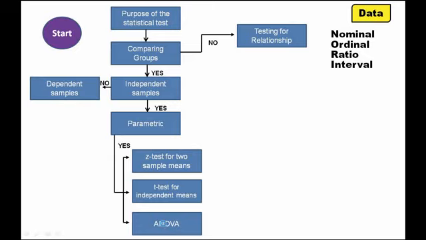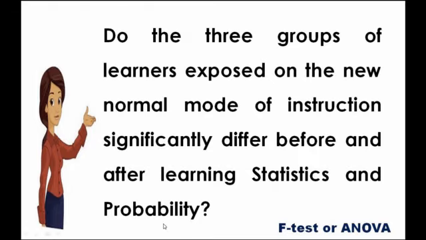Now, let's go with the example. Do the 3 groups of learners exposed on the new normal mode of instruction significantly differ before and after learning statistics and probability? Now, this is a problem in which ANOVA or analysis of variance will be used. Now, 3 groups of learners.